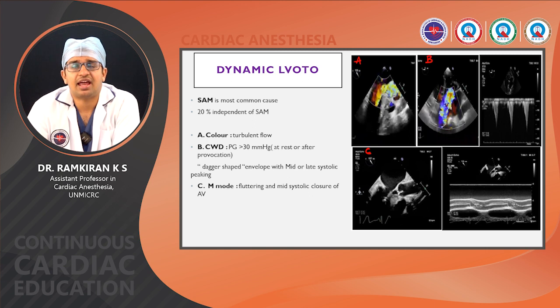So the characteristic envelope of this is a dagger shaped envelope with a mid or late systolic peaking. This is very important. The dagger shaped envelope with mid or late systolic peaking. And finally in M mode, there is a fluttering and mid systolic closure of the aortic valve seen in this setting of dynamic LVOTO.